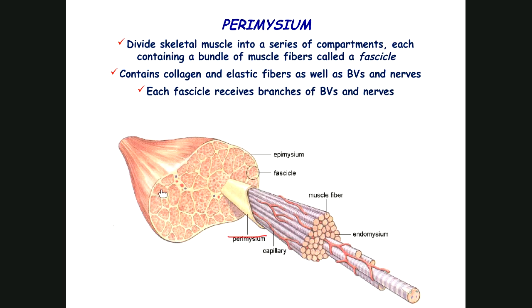So if we look at the entire muscle, that's the epimysium. Each of these little bags here are called fascicles. The connective tissue around the fascicle is called the perimysium. Within the perimysium, it contains collagen and elastic fibers and blood vessels and nerves that bring all of this to each fascicle.